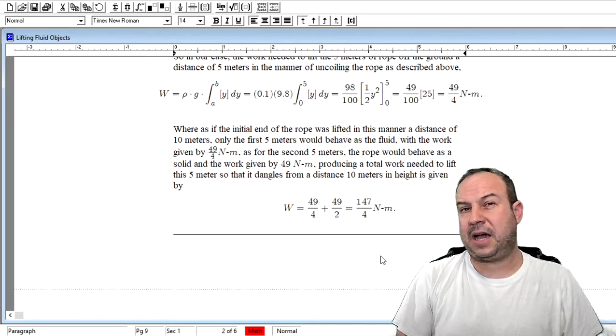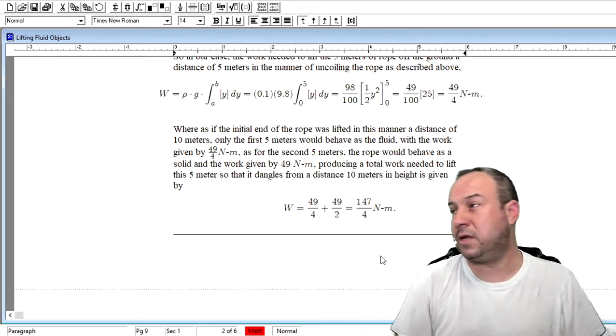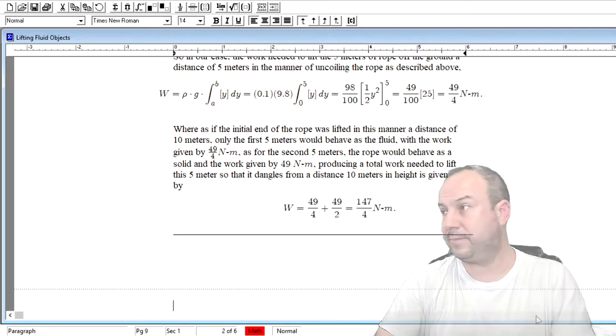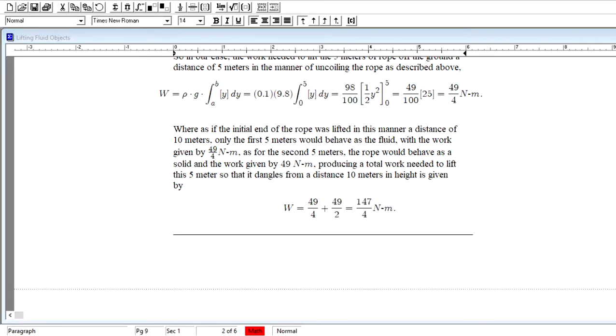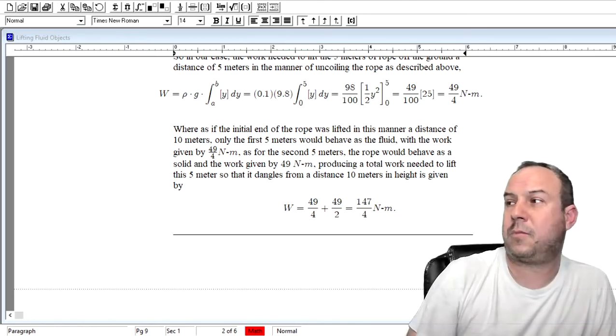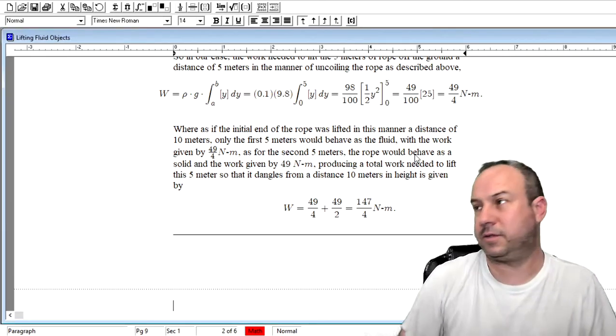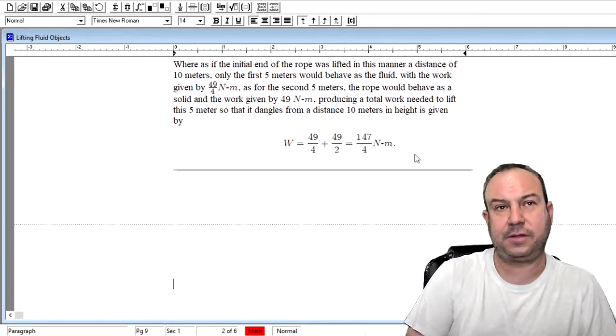So that would be 147 force Newton meters. All right, so I just went over and checked that. That is absolutely correct. 147 force Newton meters.